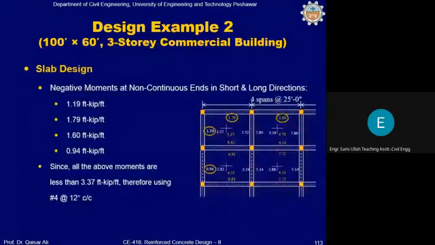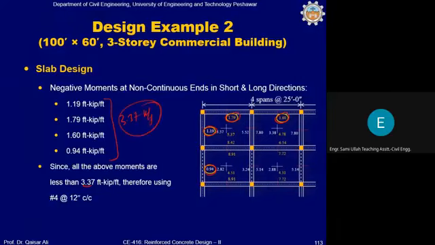First of all, the negative moment values at discontinuous ends. You can see all these values are less than 3.37 foot cube, which is the capacity coming from number 4 at 12 inch.